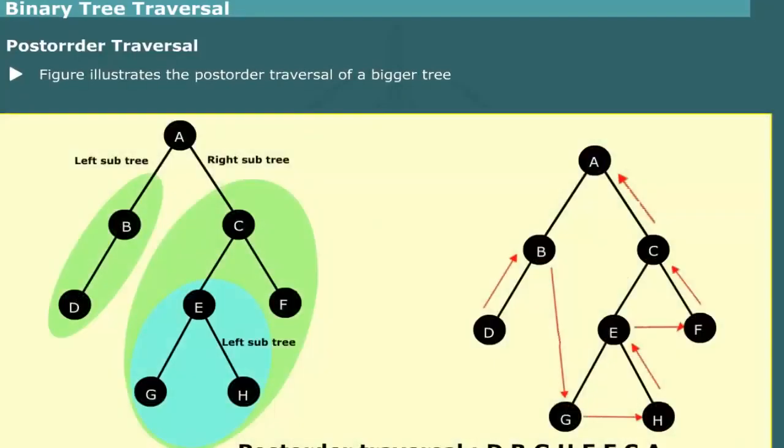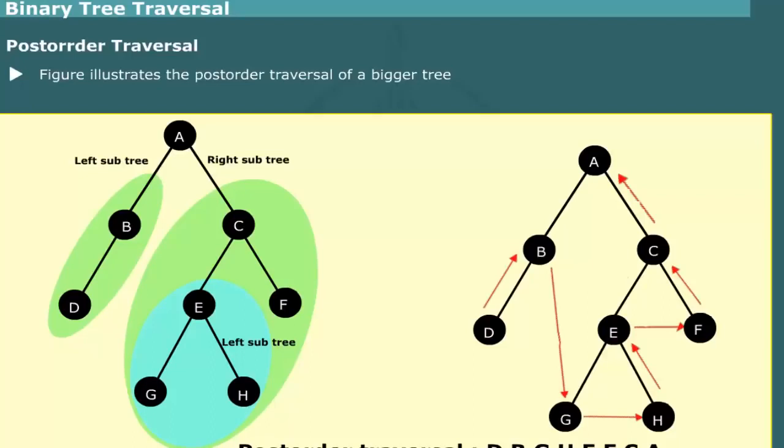The figure illustrates the post-order traversal of a bigger tree consisting of 8 nodes. In this case, first the left subtree T1 is traversed post-order. Then nodes D and B are visited. Next, right subtree T2 is traversed.